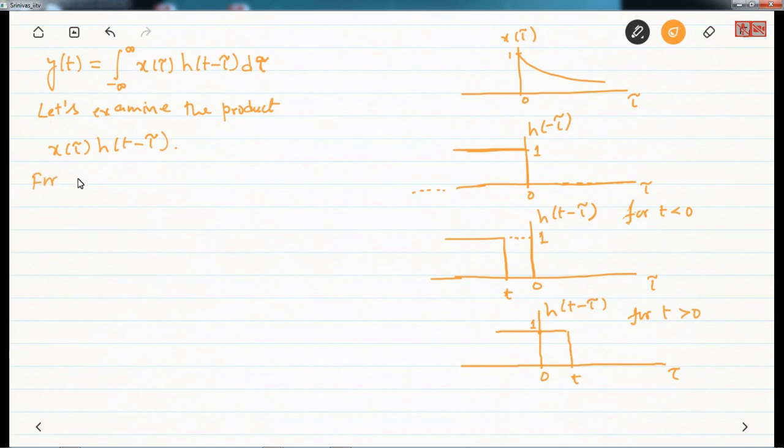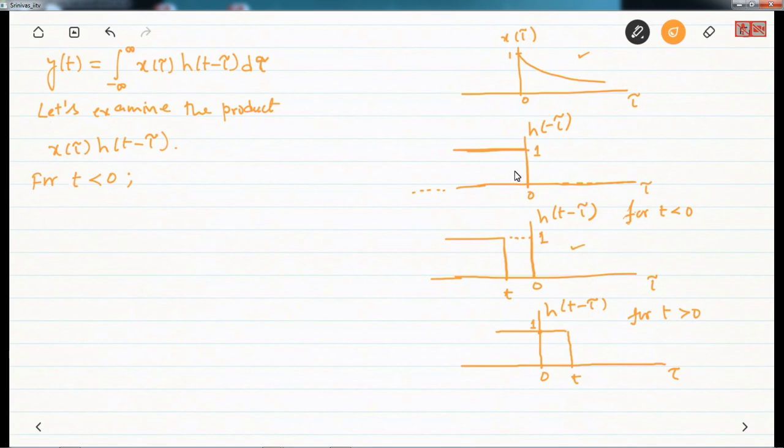For t less than 0, what happens? That means we are trying to multiply this signal with this signal. For t less than 0, we are multiplying x of tau with h of t minus tau. And you can see that h of t minus tau is non-zero only on the negative side, whereas x of tau is non-zero only on the positive side, right?